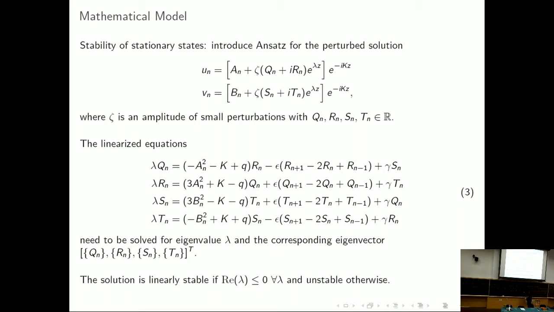You have an eigenvalue problem, matrix M times vector V equals lambda times vector V. Well, this vector V is given by Qn, Rn, Sn, Tn, and we try to solve this one using perturbation. And of course, the condition for stability is that the real part of lambda has to be non-positive, otherwise it will be unstable.